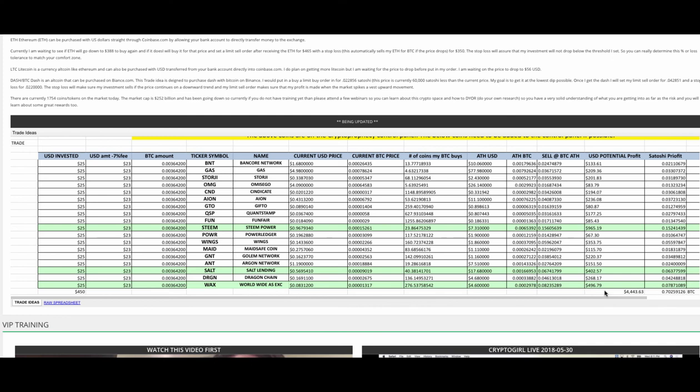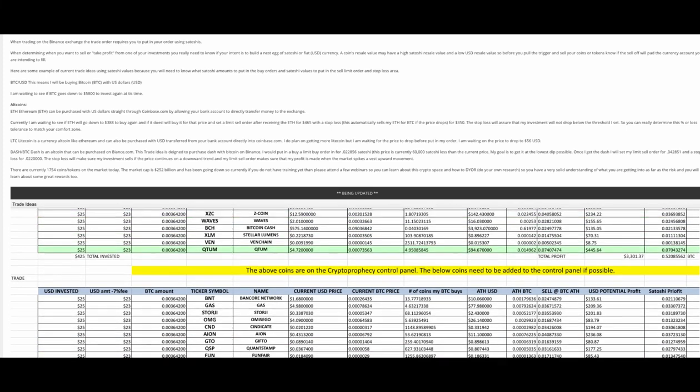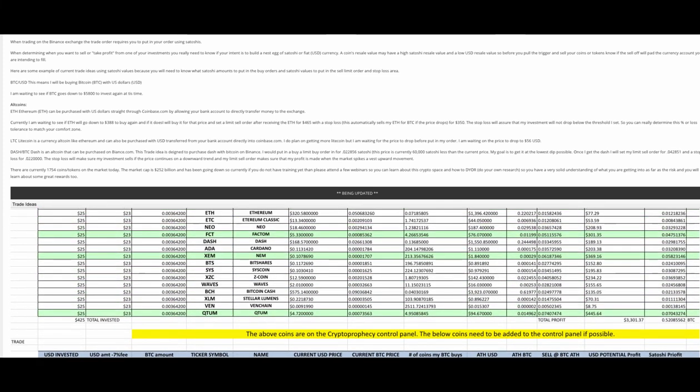So most likely these all-time highs were accumulated right around that time. The initial investment is $450, and if it just hits the all-time highs again, it could result in $4,443. It's a really good return on investment, but that's being very conservative, right? Most likely they'll probably go higher than that, but we'll see. It's a matter of when, right?